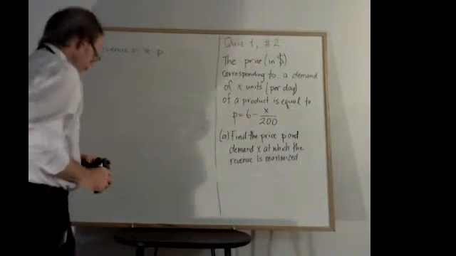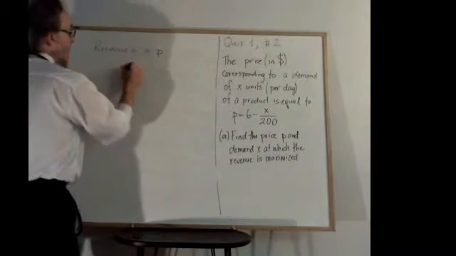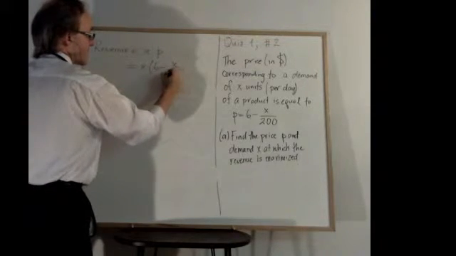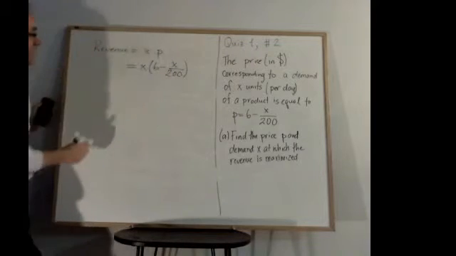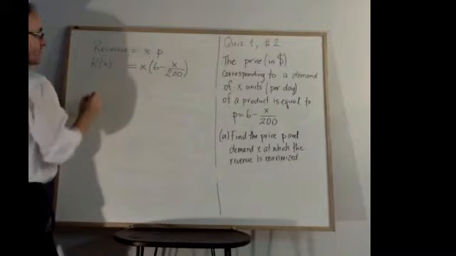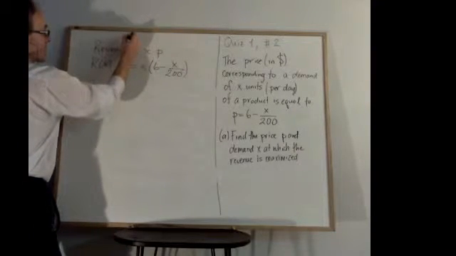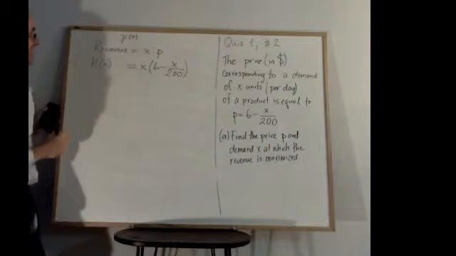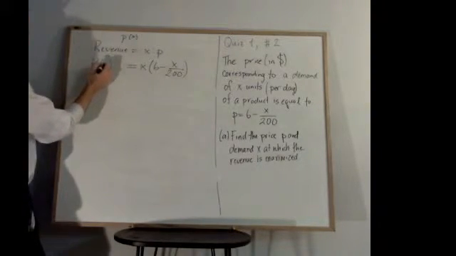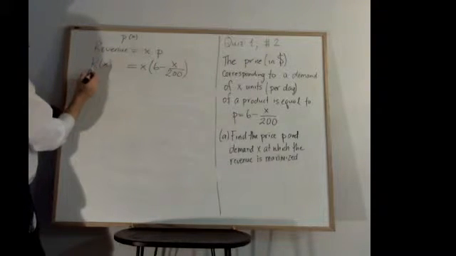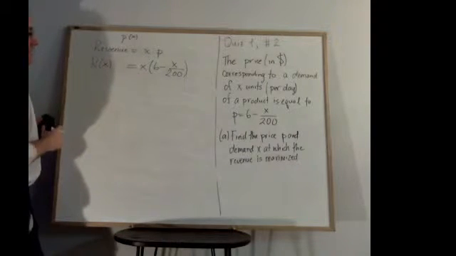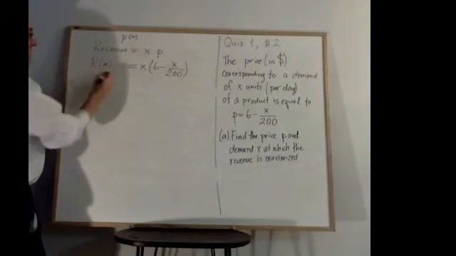And in this case, that will be x times the price, 6 minus x over 200. So we're expressing the revenue now as a function of x. So P was expressed as a function of x. We can write it like this. But the brackets do not mean multiplication, they just mean functional dependence. What is the input and what is the name of the function? Okay, so this is the revenue function.